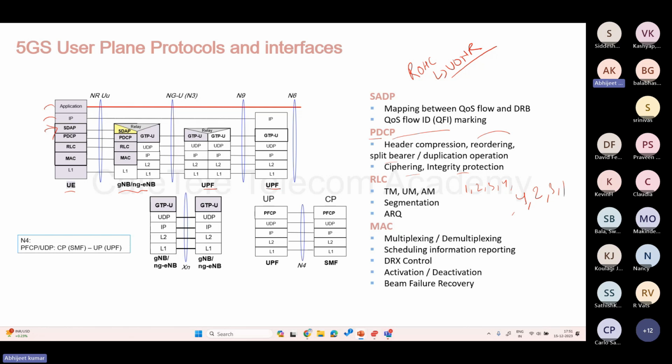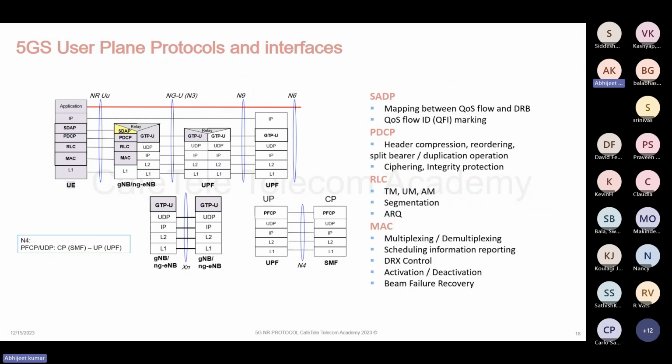We have to make sure in-sequence delivery is 1, 2, 3, 4, not 4, 2, 3, 1. Otherwise, if you are sending something like "hi, how are you", it will go like "you, how", which is not good. That's why we have reordering. Duplicate detection is mostly for non-standalone, where packets are duplicated and we need to discard them.